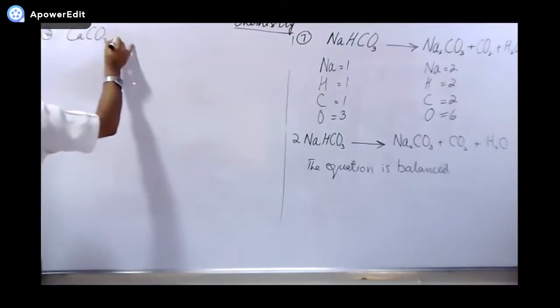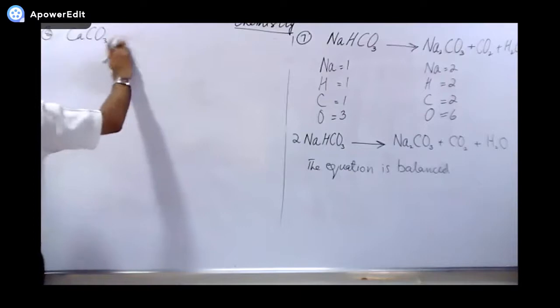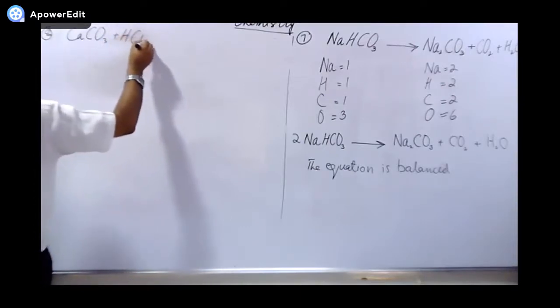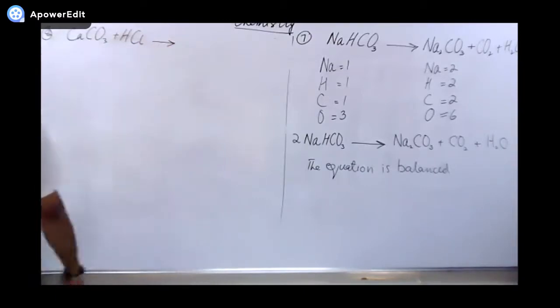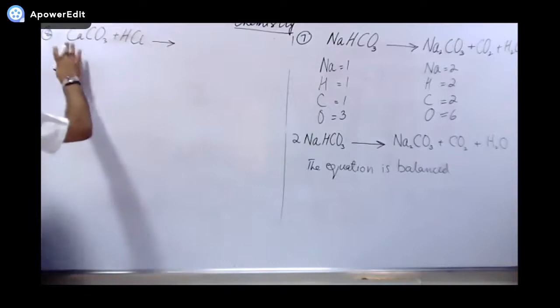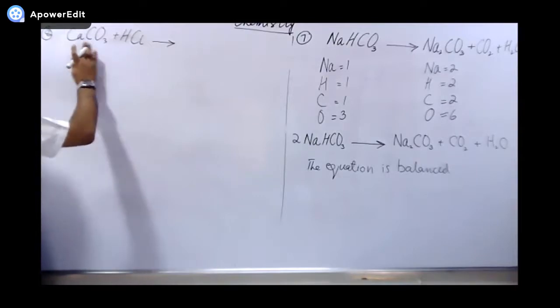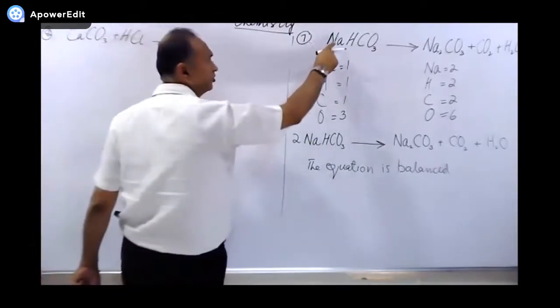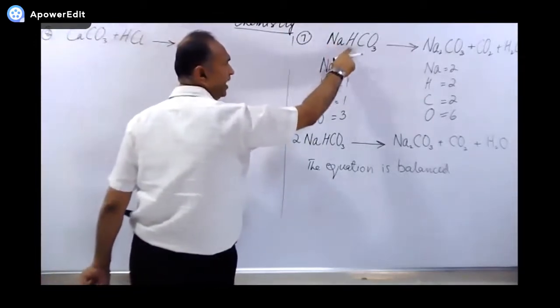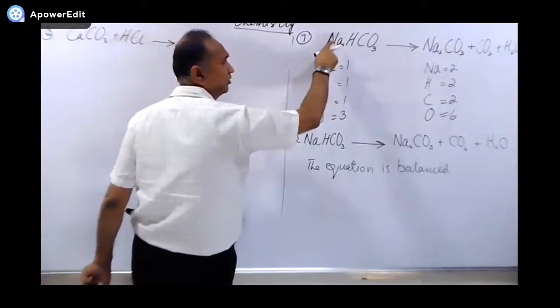CaCO3 plus HCl. What do you call this CaCO3? Calcium carbonate. What was its name? Sodium bicarbonate.